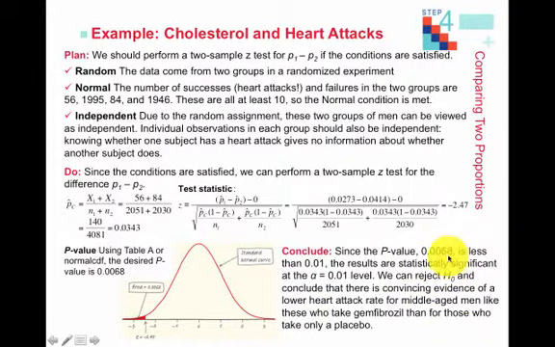And since our p-value is less than our significance level, our results are statistically significant at the 0.01 level. And what that means is we can reject the null hypothesis, and we conclude that there is convincing evidence of a lower heart attack rate for middle-aged men, like those who take this drug, compared to those who take only a placebo.